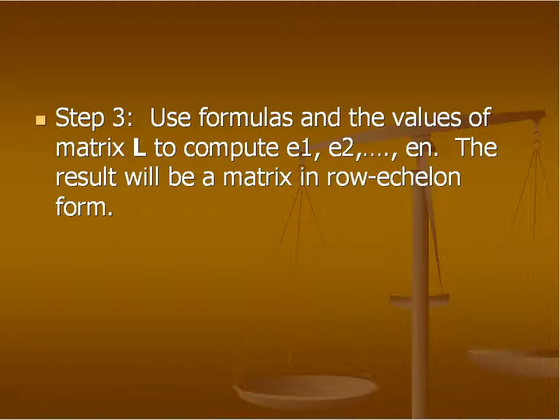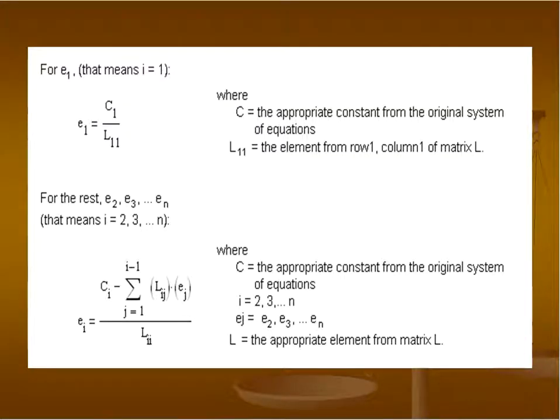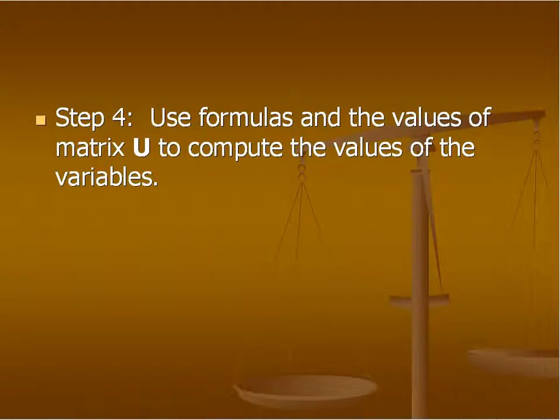The next thing is that there are a set of formulas to help us take the original coefficient matrix and transform it into row echelon form. These are the formulas. After your matrix is in row echelon form, then you use a different set of formulas to actually find the values of each variable that was in the given system.